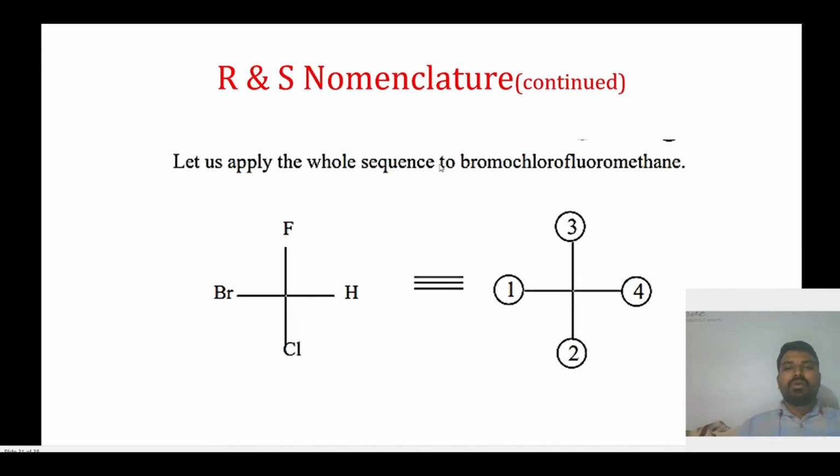Let us apply the whole sequence to bromochlorofluoromethane. See this molecule. Which is the highest priority over here? Bromine will be the highest priority. Then it will be chlorine, then fluorine, and then hydrogen. Hydrogen is away from the observer because it has priority number 4.